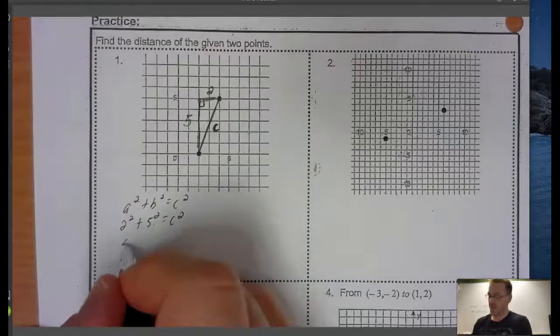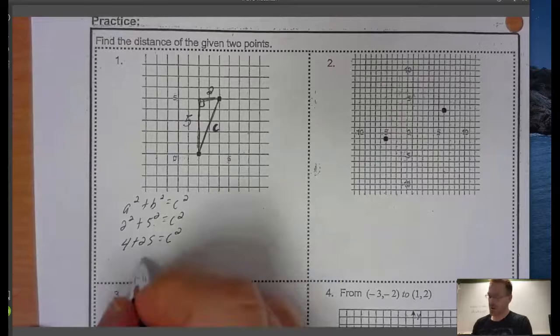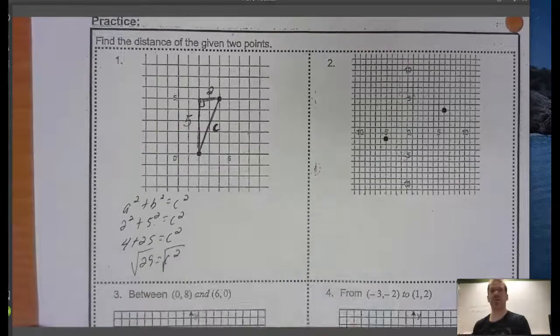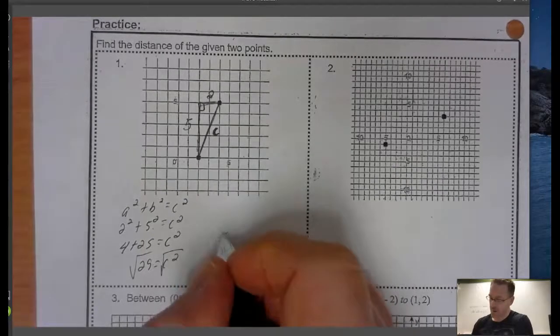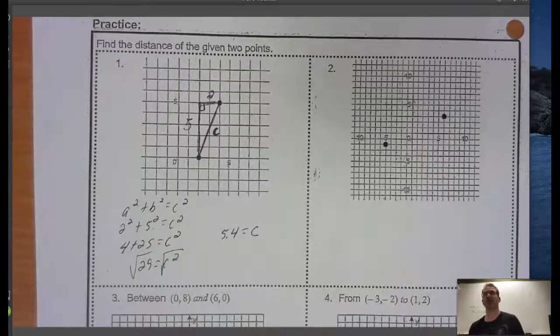That's 4 plus 25 equals c squared, which gives me 29 equals c squared. Once again, we just take the square root of both sides. On my calculator, the square root of 29 is 5.4, so c equals 5.4 if I round to the nearest tenth. So that is how we find distance.